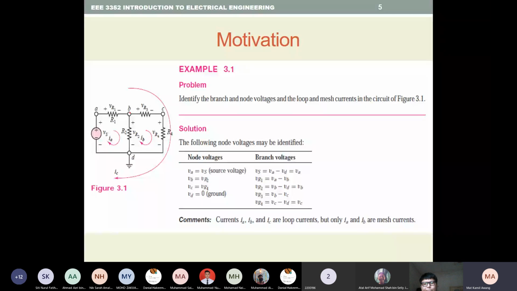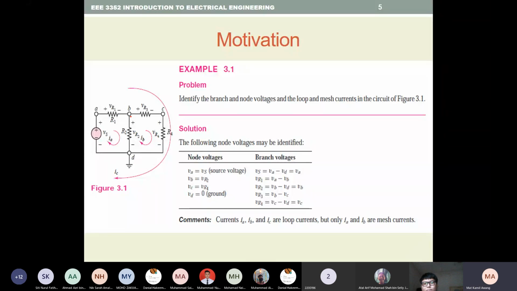VB is the voltage across R2. What is VC? VC is the voltage across R4. VD is 0 because we assume this is a ground. We set this as a ground.